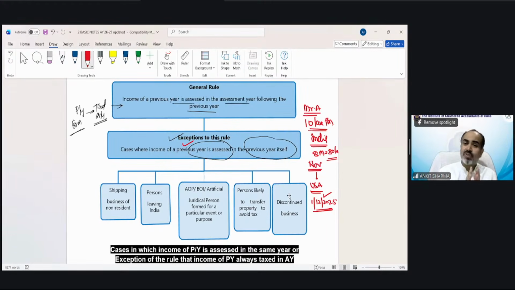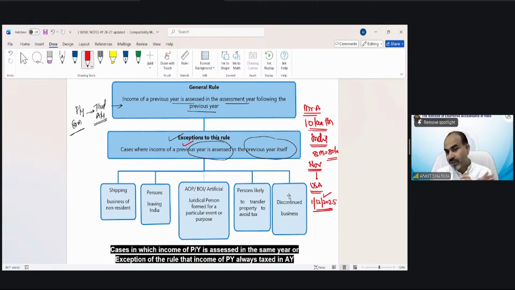But this is the case when the income tax department knows that if we won't collect the tax in the current year, it would be very difficult to recover the tax in the next year. So all these 5 cases we are going to discuss are based on this: if we are not able to collect tax in this year, we won't be able to collect tax in the assessment year. So now you might understand why these provisions are here.